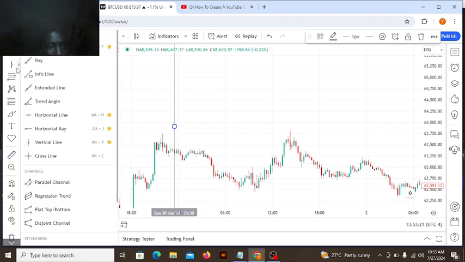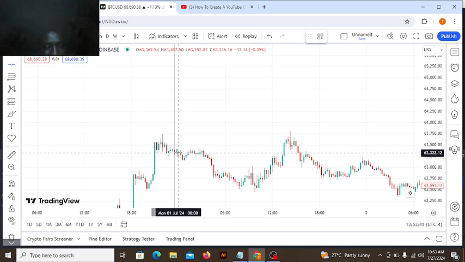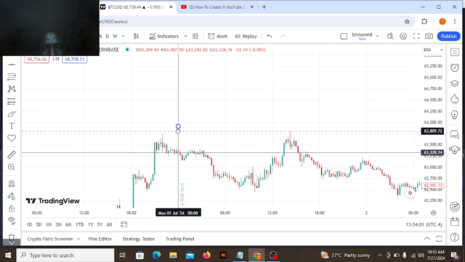So I'm going to draw a horizontal line beneath the opening price of the first candle that appears on the 1st of July. It's a red candle, and the opening price is down here. We put a horizontal line and we drag our vertical line back on it.